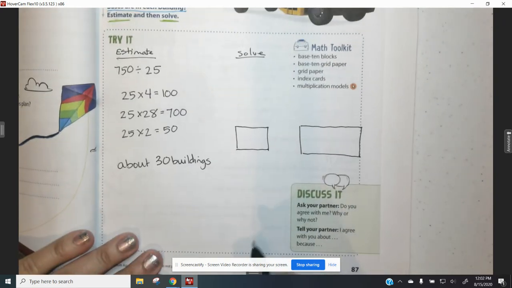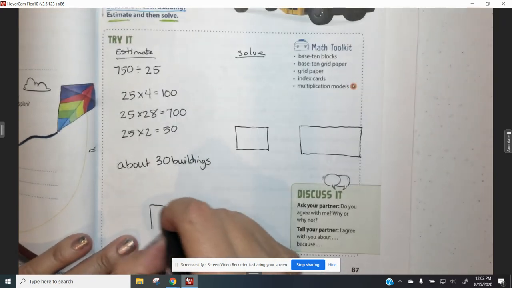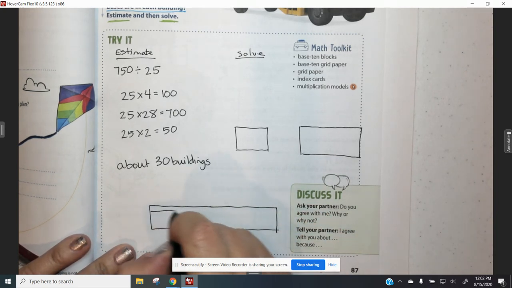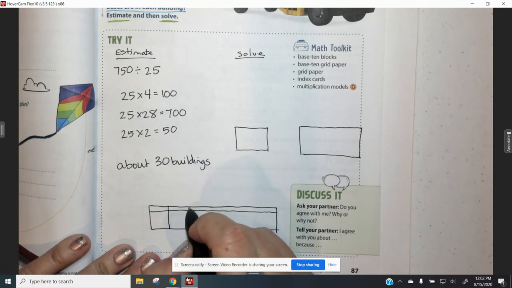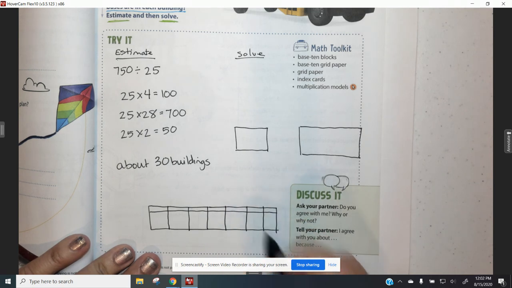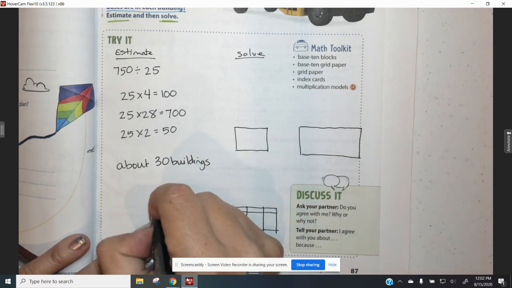We are probably going to use multiples of 10. So go ahead and make yourself a multiples of 10 chart. I don't know how many we're going to need.